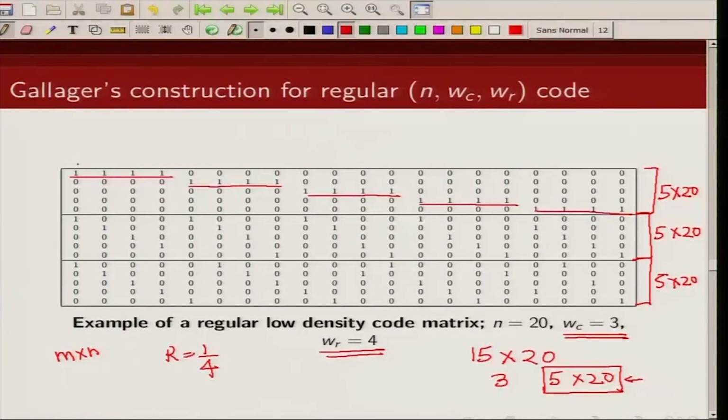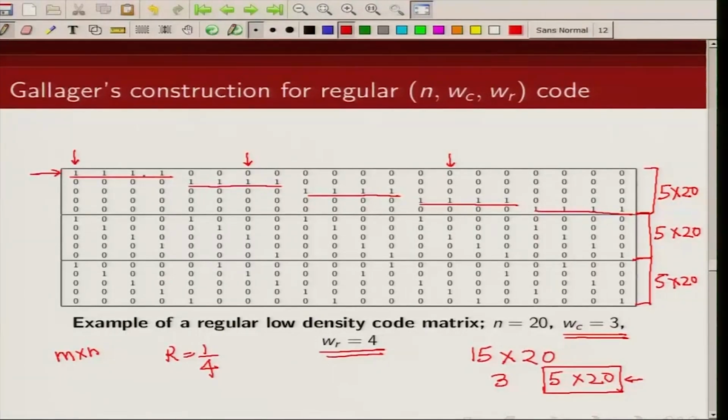Note that each of the columns here has a single one. You can check any column of this sub matrix, it has only one 1. And note the row weight: each row here has WR, which is 4, ones.